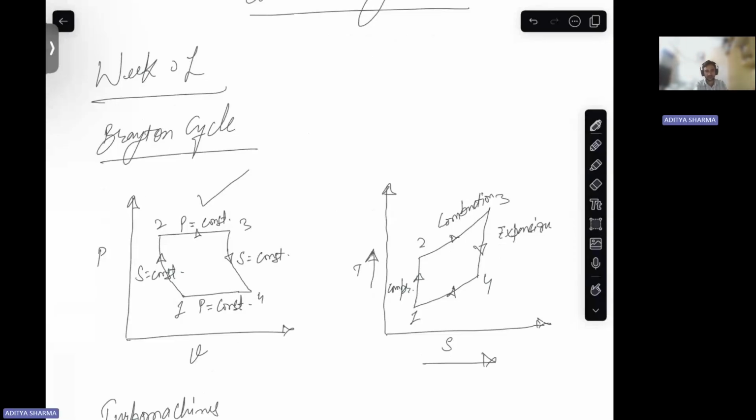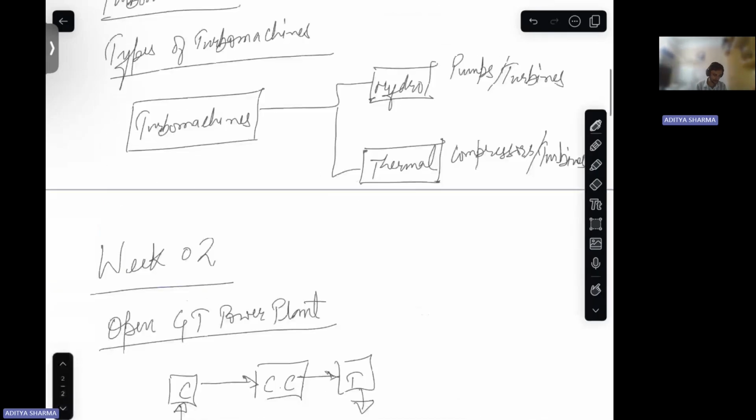Right. Then you have Brayton cycle with non-ideal components. Ideally, the TS diagram should be like this for Brayton cycle.